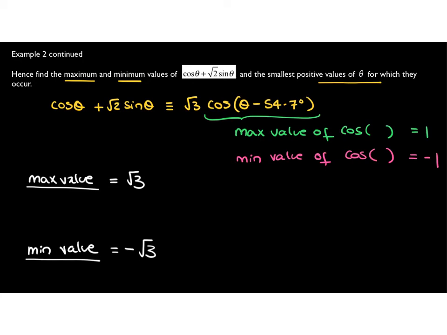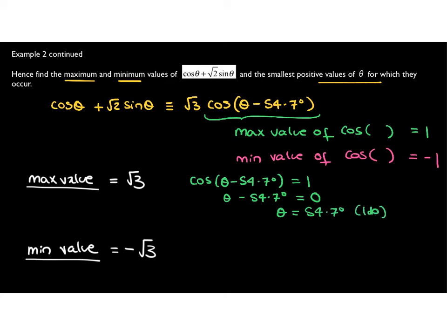Now, when do we get these values? So at the maximum value, we know that cos theta minus 54.7 degrees is equal to 1. So if we take arc cos, theta minus 54.7 degrees is equal to 0. So theta equals 54.7 degrees, 1 decimal place.